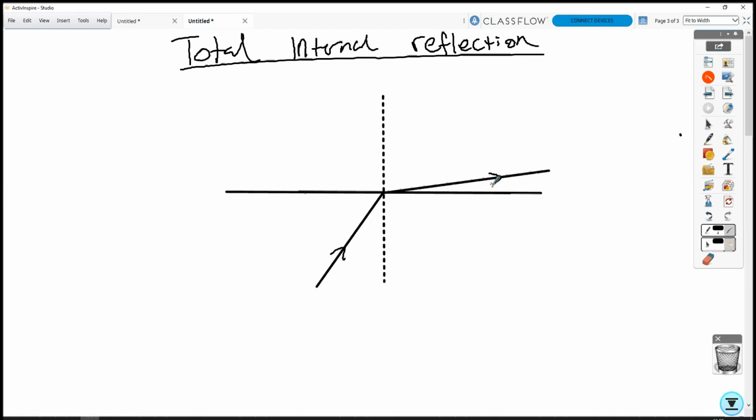So we have light, which is trying to now move from a more optically dense material into a less optically dense one. So at the bottom here could, for example, be water. And at the top will be air. And in water, light moves slow. In air, it moves fast.